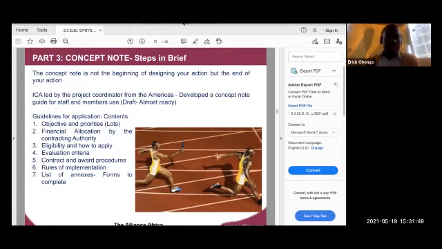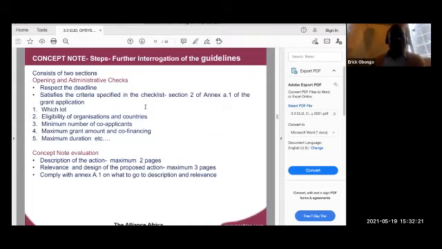So you need also to be careful when you are going through the guidelines, make sure whether you've picked the correct lot and you are responding to that specific lot. The financial allocation, whether you've met the co-financing like I told you, the eligibility, the evaluation criteria, and also the contract and award procedure, the rules of implementation, the list of annexes and the forms that you're supposed to complete for you to be able to attach when you are doing the submission.